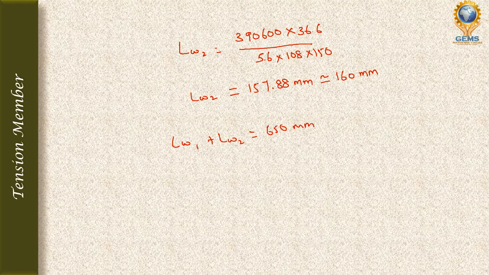So LW1 is equal to 650 minus LW2, that is 650 minus 160, equal to 490 mm. So this is the solution for the problem.